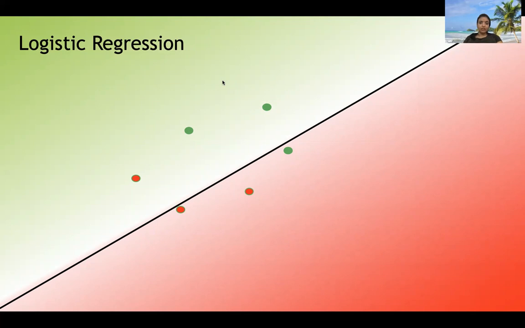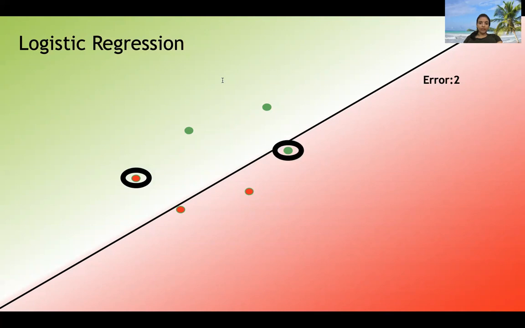So, just like in linear regression, we will find how bad the line is by finding the number of errors, that is, the number of misclassified points. This line misclassified 2 points. One is red and another is green. So we say that it has 2 errors.